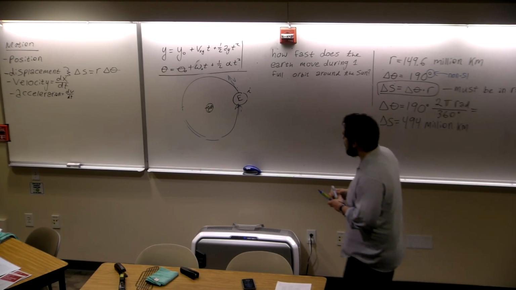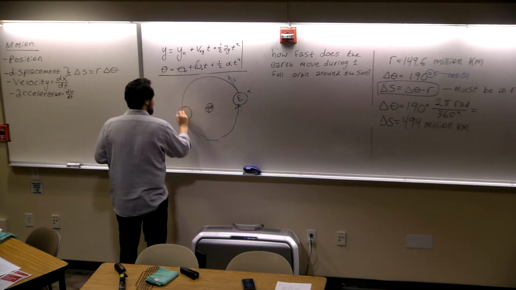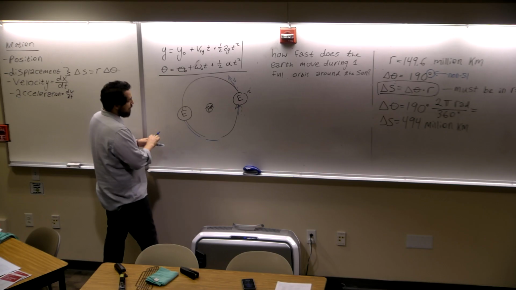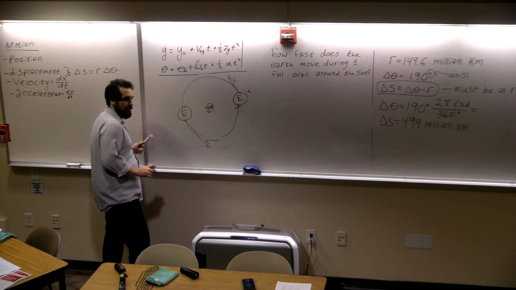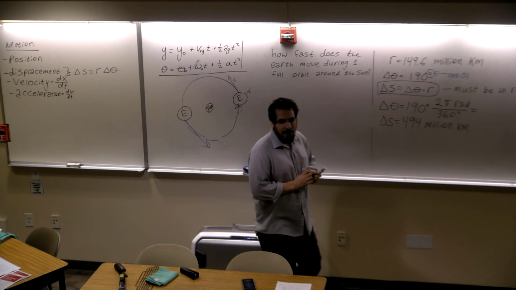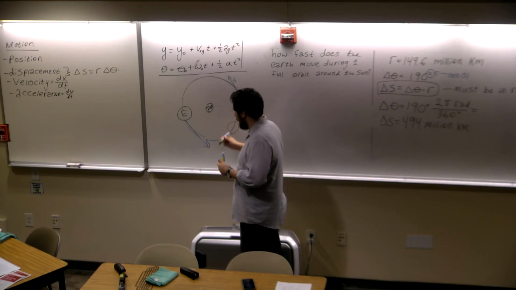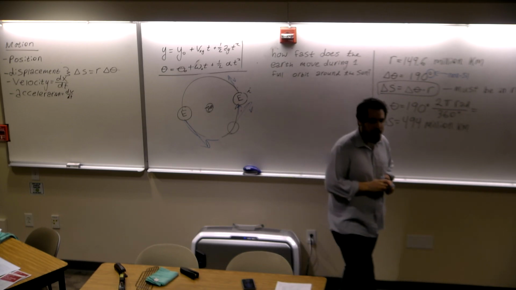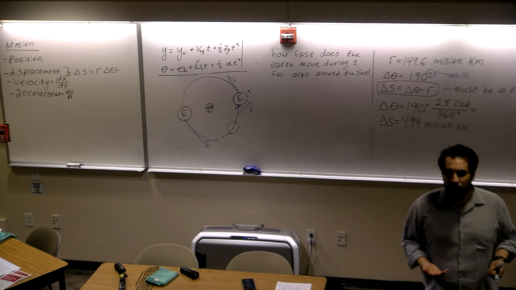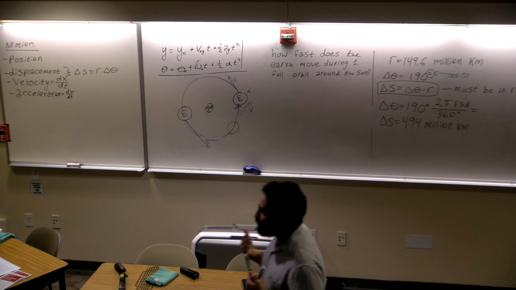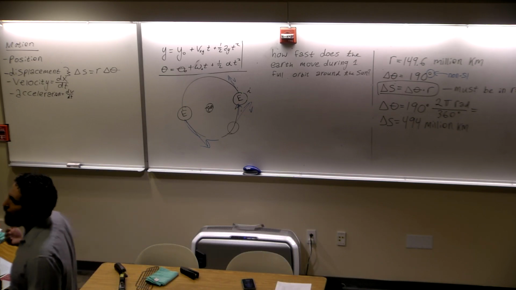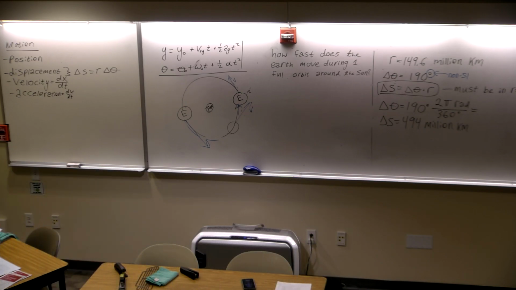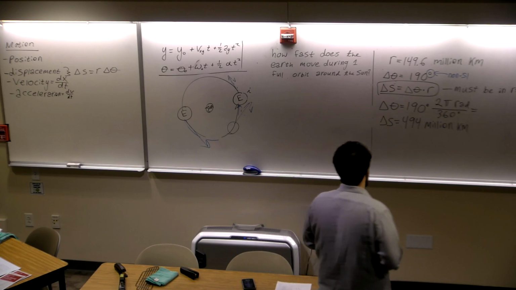When it's on the opposite side of the sun, when the Earth is over here, it is going to be moving more down and to the right in that part, right? And anywhere you look, the Earth's velocity is going to be pointed in a different direction. What does that mean? That means that the direction of the velocity vector is always changing. When an object is undergoing circular motion, the direction of the velocity is always changing.